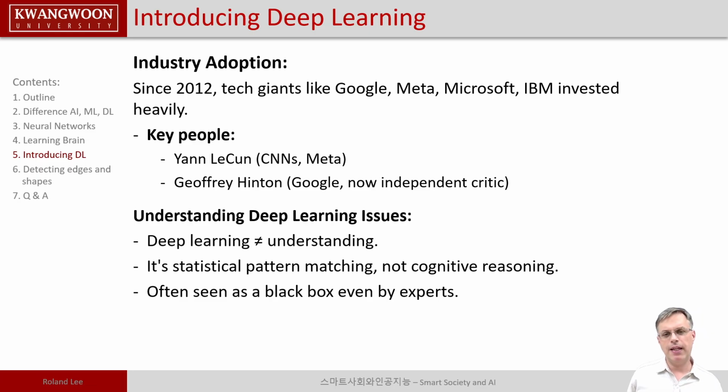Okay, now understanding deep learning issues. As things stand now, people have an unrealistic idea of how deep learning can help society as a whole. You see a deep learning application beat someone at chess or Go and think, if it can perform that truly amazing task, what other amazing things can it do?